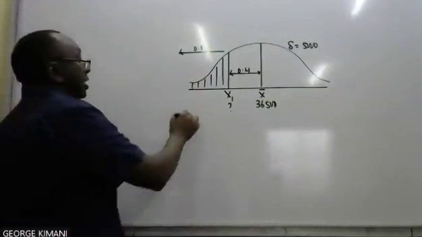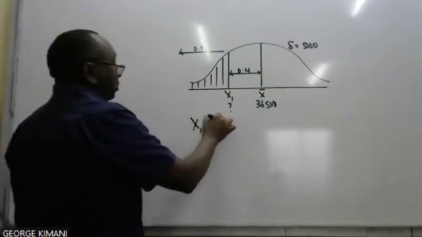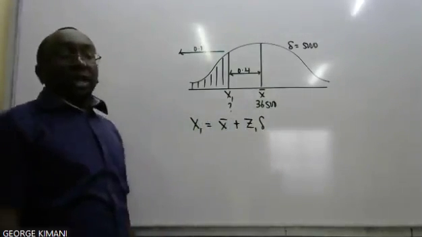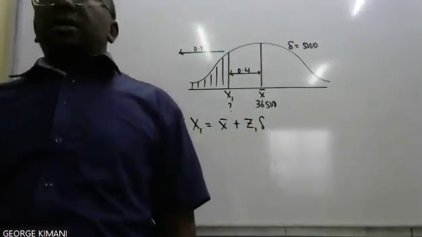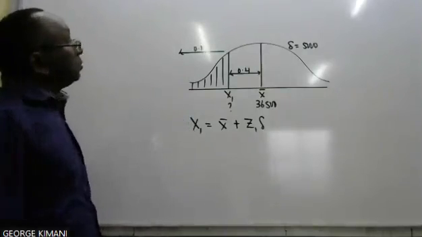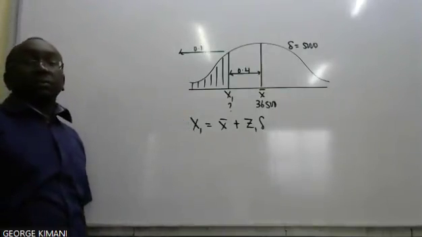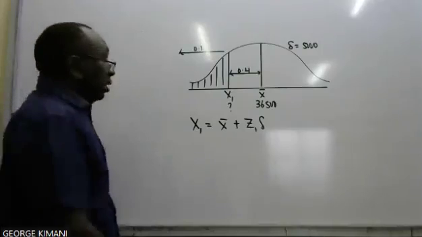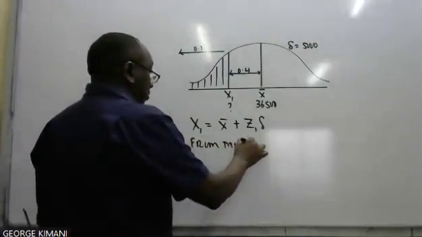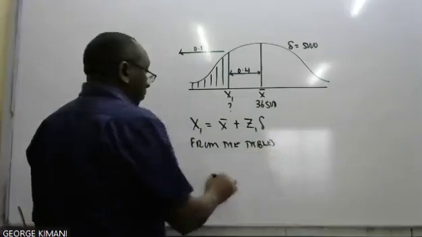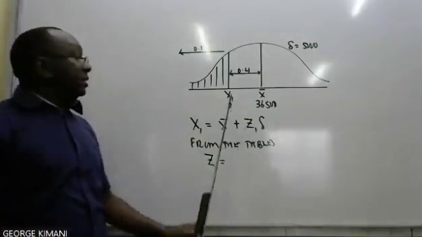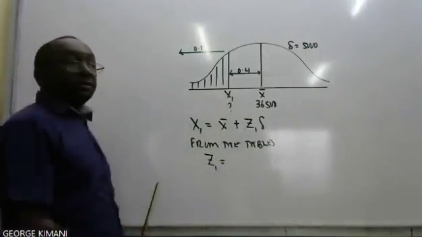Now, as you have been saying, X1 will be equal to X bar plus Z1 standard deviation. So you then say from the tables, Z1. Now remember that our X is on the lower side, so it will be negative.